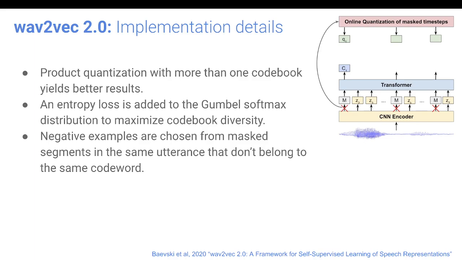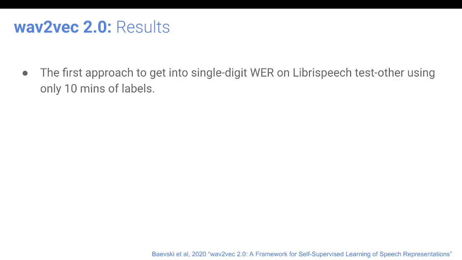You would discard those, so that you do not confuse the loss function by having negatives that are actually not negatives. They should actually be positives. So these are a couple of considerations to ensure stable training and high quality representations, given the empirical results in the paper.